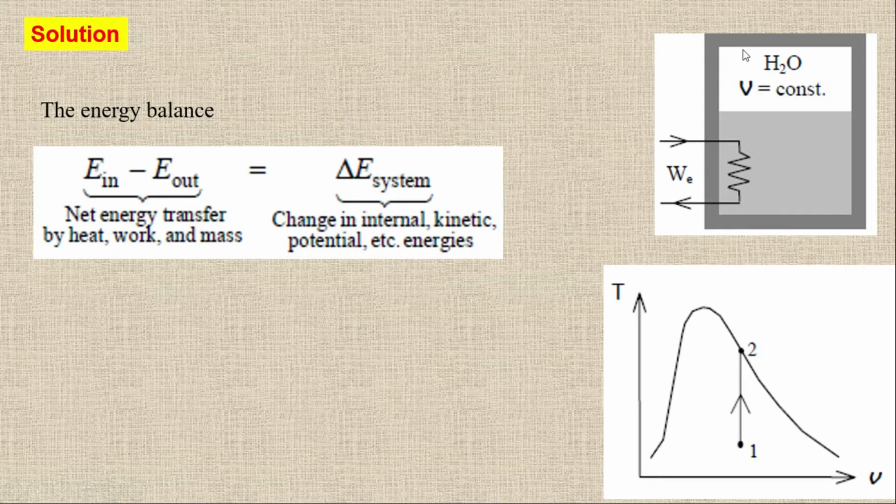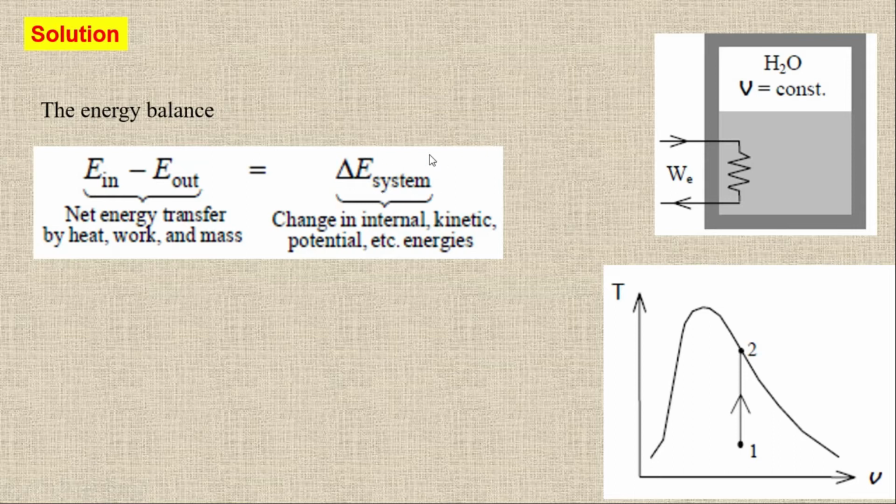So for this case, if I'm going to write the energy equation, you can see here we have only electric work going inside the system. So for energy in, we have electric work, and we can easily write down the electric work value. Electric work is simply V times I times delta T, so VIT: voltage times the current times the time that it will take place.